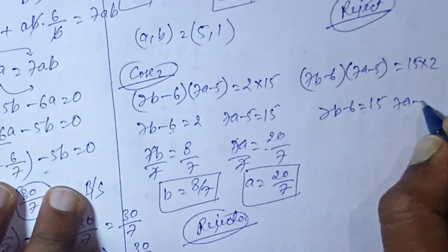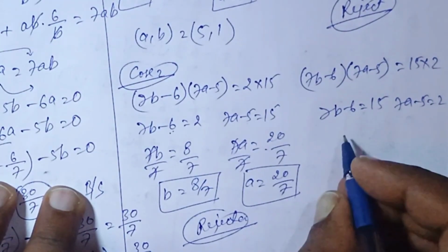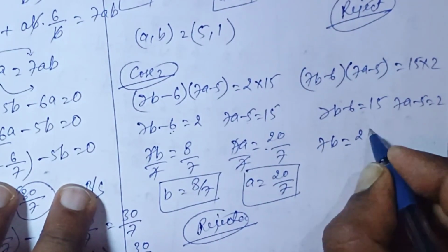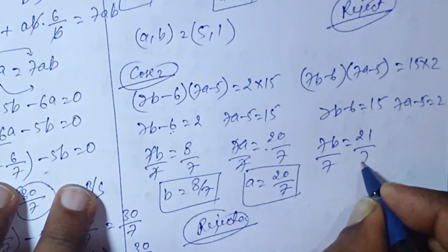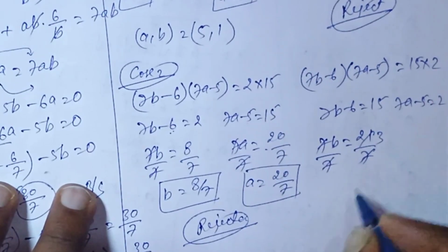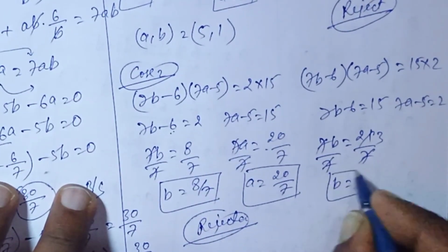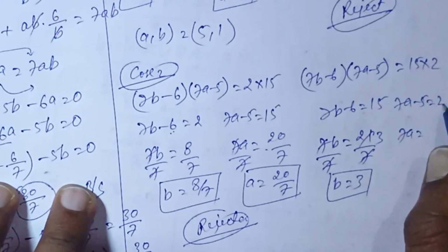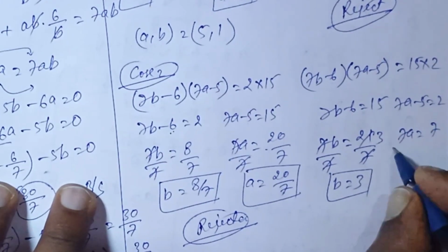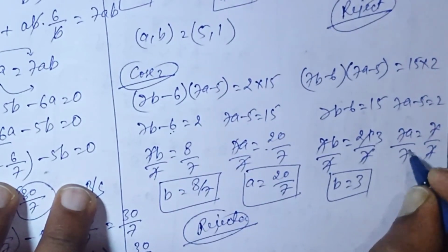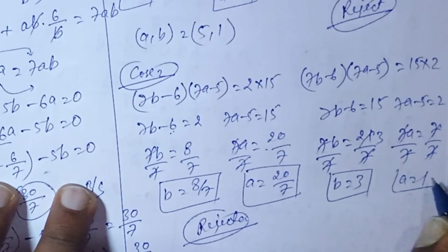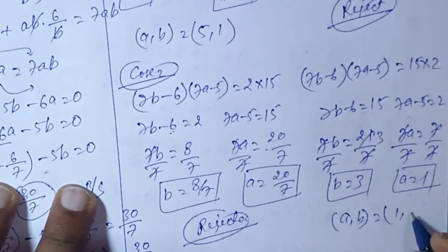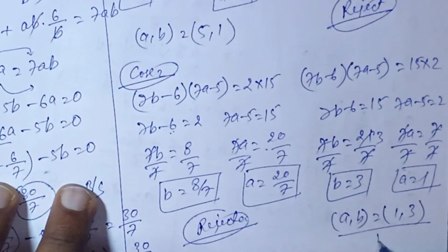Here 7a minus 5 is equal to 2. 7b is equal to 15 plus 6, 21, both sides divided by 7, cancel 3 times. Therefore b is equal to 3. 7a is equal to 5 plus 2, 7, both sides divided by 7, 7 and 7 cancel, here a is equal to 1. Therefore a value 1, b value 3. This is a real solution.